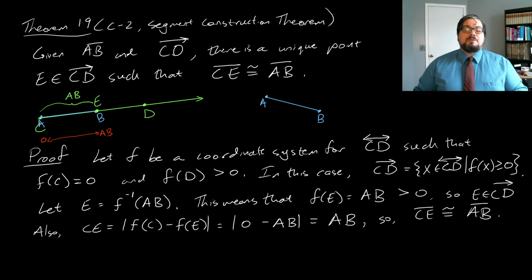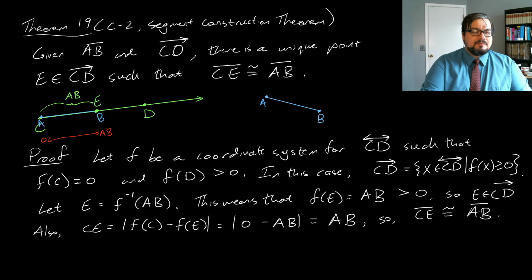So that's great. We've found a point E on the ray such that the segment CE is congruent to the segment AB. Now we're not actually done. There's one little word in the theorem that's very, very important that we haven't proved yet, and that's unique.